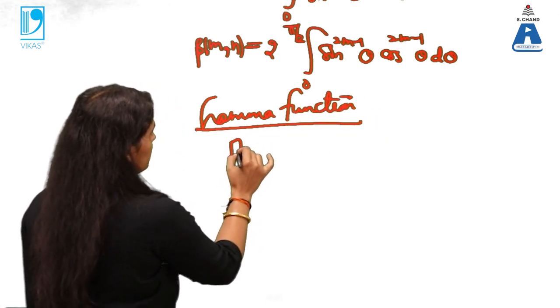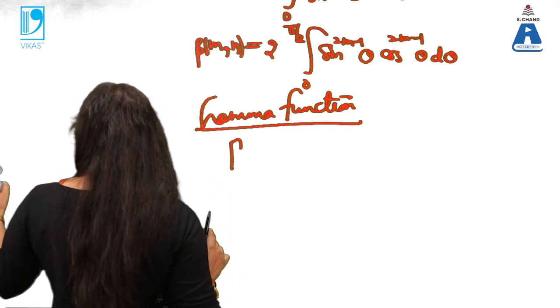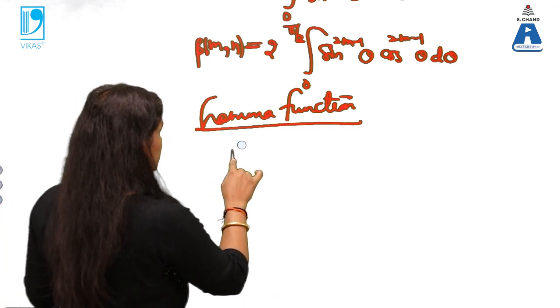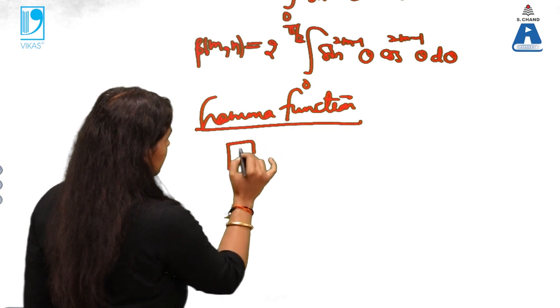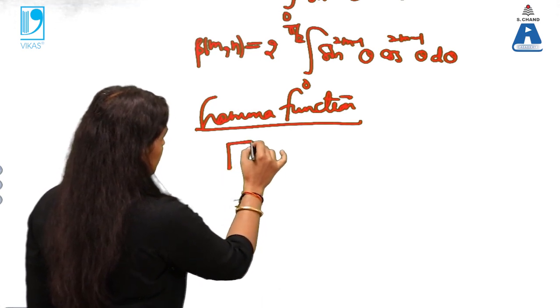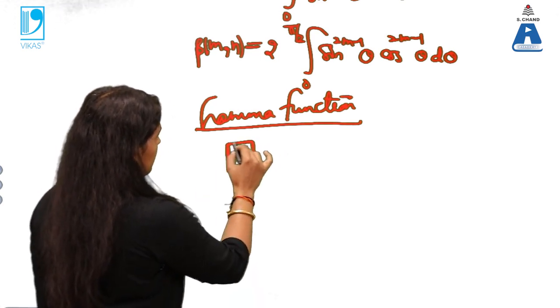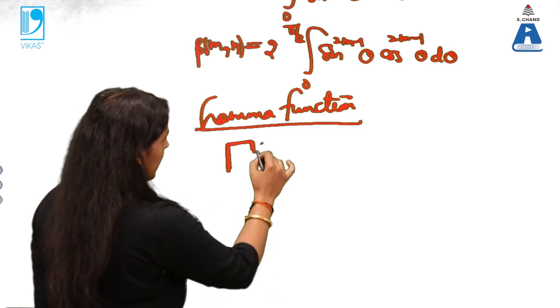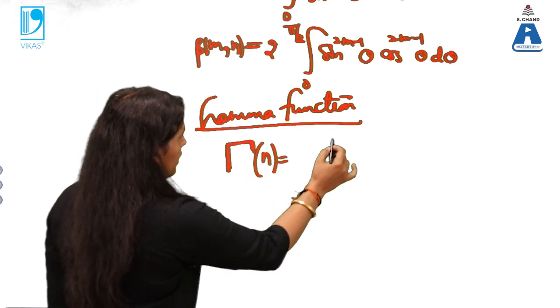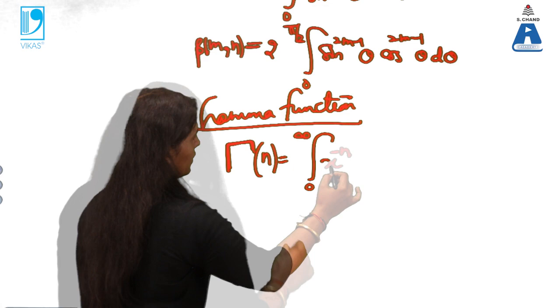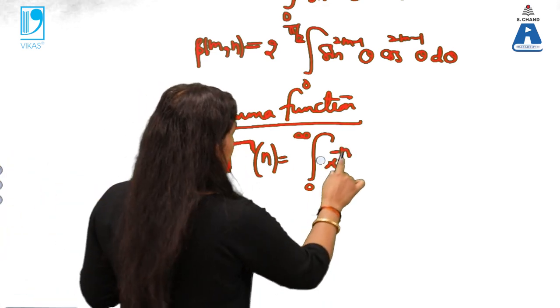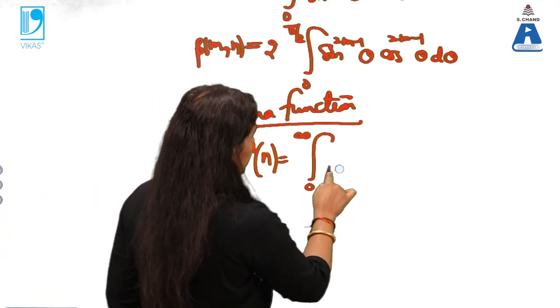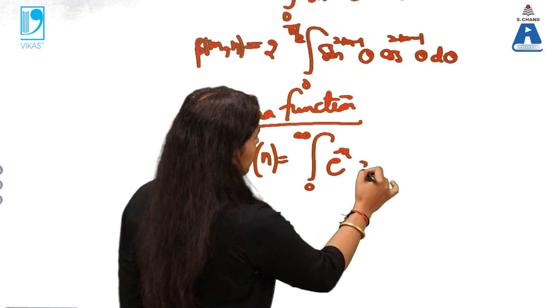So the gamma function, this is the notation gamma, and gamma of n is the integral from 0 to infinity of e to the power minus x, x to the power n minus 1 dx.